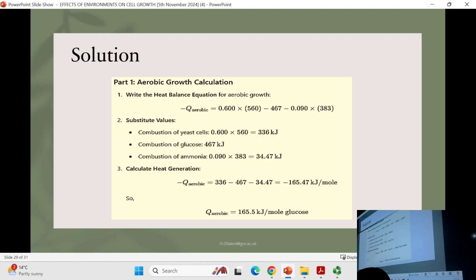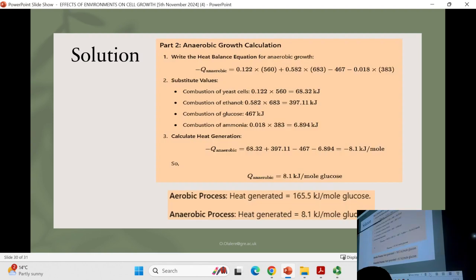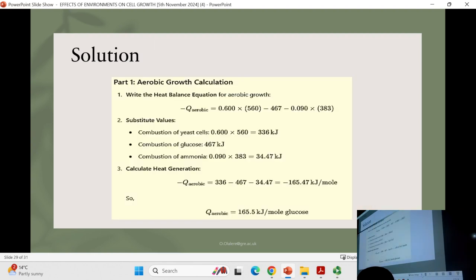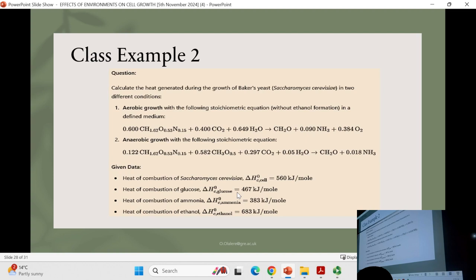So let's see how we got this. Minus 467 belongs to glucose, right? And where is glucose? It's not there. No, this is CH2O, it's not glucose.